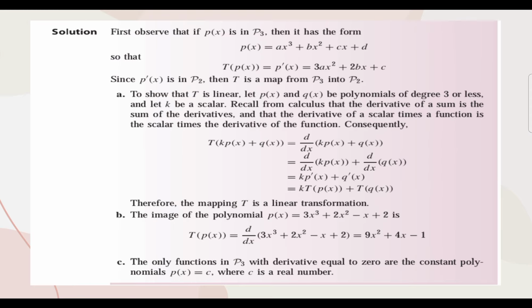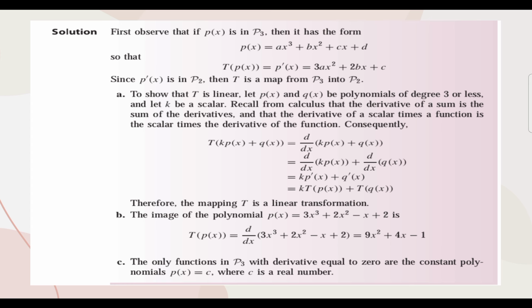So the solution of A: T is a linear transformation because the derivative of a sum is the sum of the derivatives, and the derivative of a scalar multiple is the scalar multiple of the derivative.